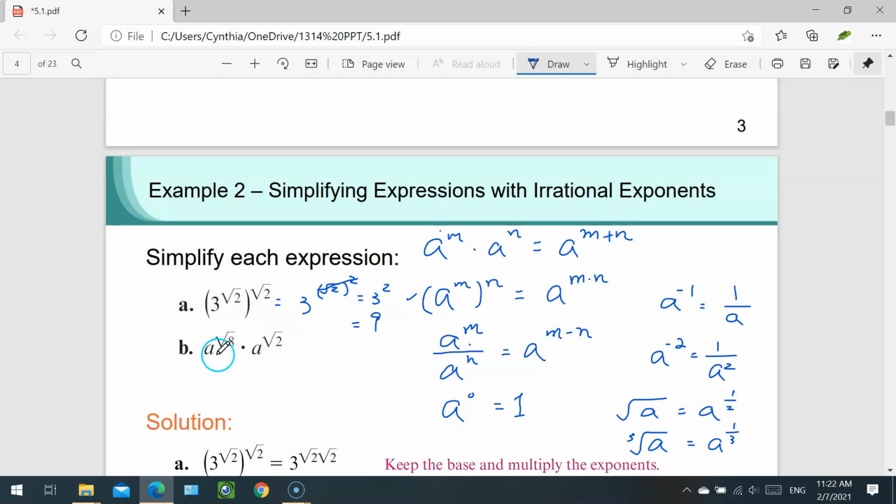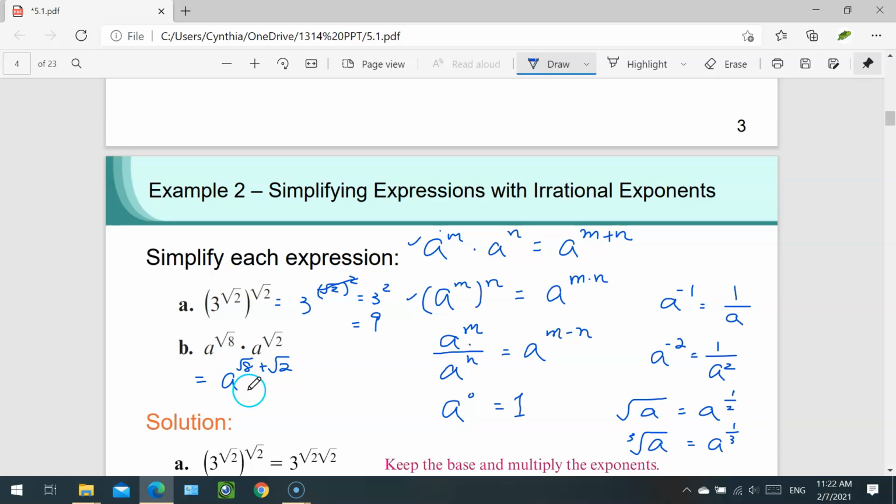Example B, we go with the first rule. You have a to the power square root of a, multiplied with another base a with the power 2. So in that case, we add the powers together.